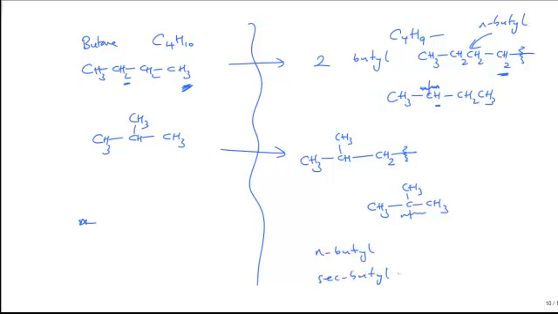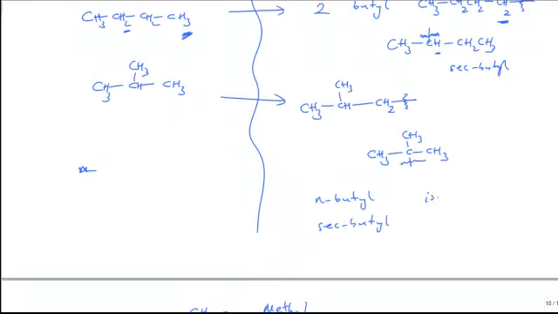Which one looks like a sec-butyl? We've got 3 left. It's going to be the second one, isn't it? That's sec-butyl. And the other 2 are called isobutyl and tert-butyl.